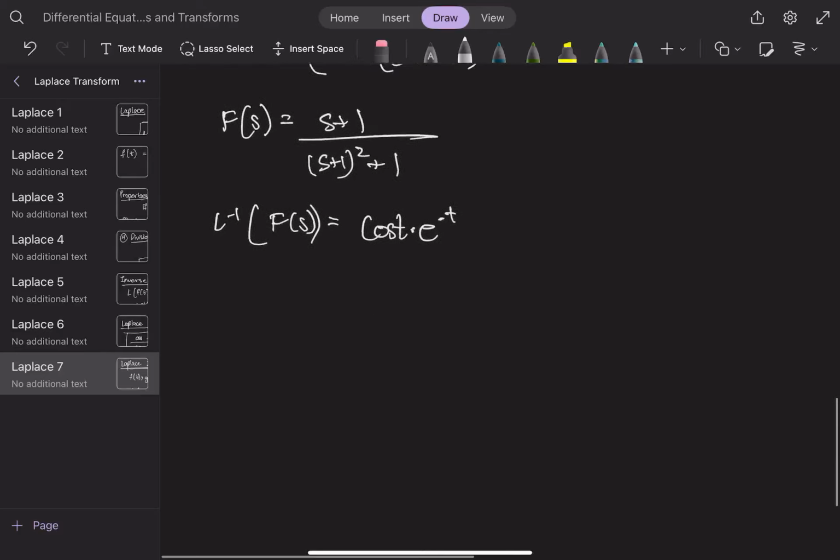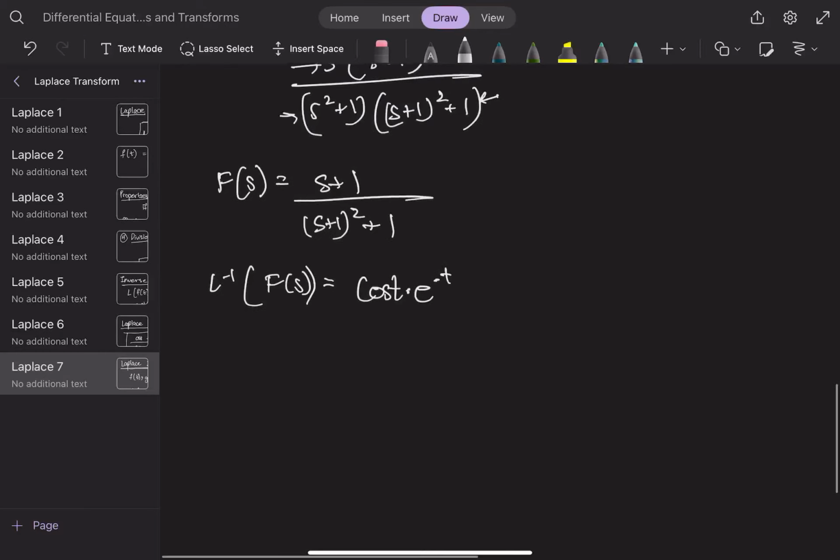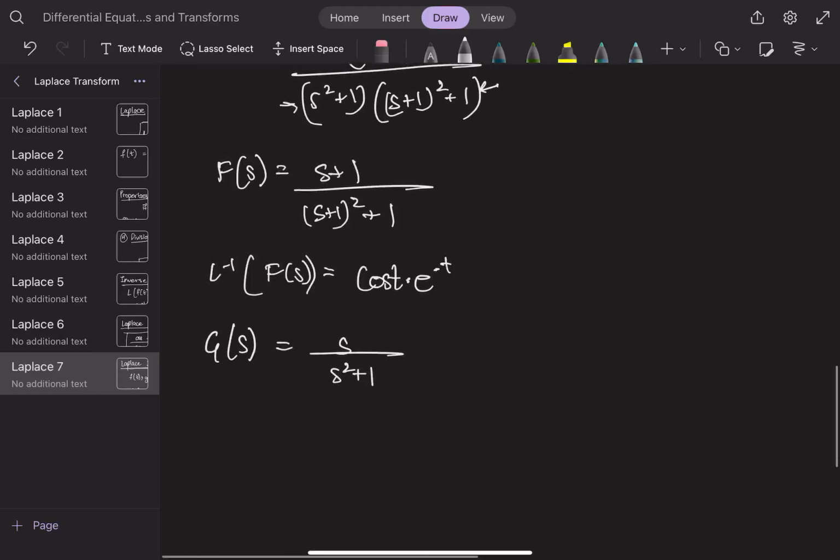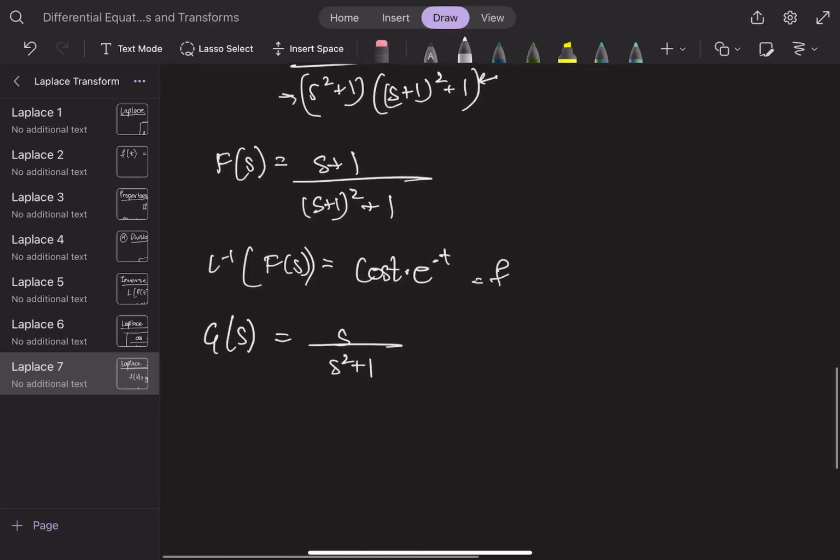Shifting theorem, guys. So this is your f(t). Now your second term will be G(s), which is s divided by s square plus 1. The Laplace inverse of G(s) will be directly cos t.